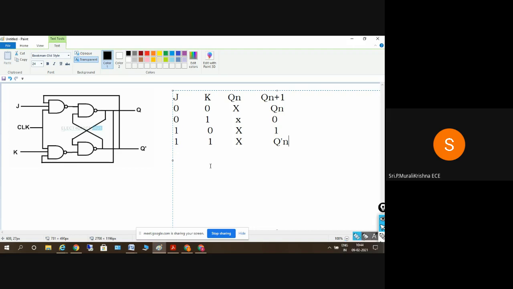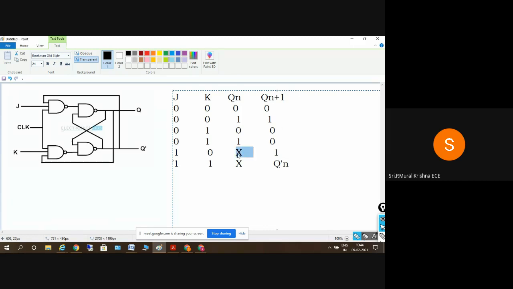Okay, so this is the truth table. And if I need an elaborated one, put a 0 here. Okay, I'll get a 0. 0, 0, 1, you get a 1. So here, irrespective of the values of Qn, I'll get a 0.